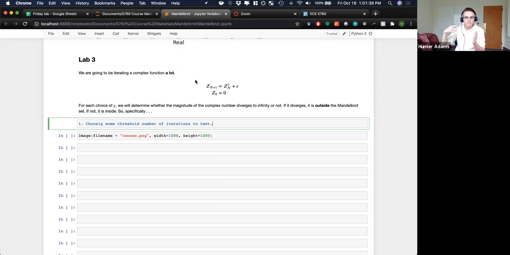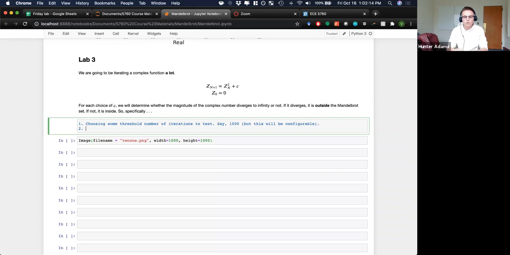It's never coming back. So we'll choose some threshold number of iterations to test, say 1,000, but this will be configurable. So we'll run this iteration for, say, 1,000 times. And if after 1,000 iterations, the magnitude is still not greater than 2, then we'll say, okay, this is probably in the Mandelbrot set. It might not be, but it's an approximation, right?